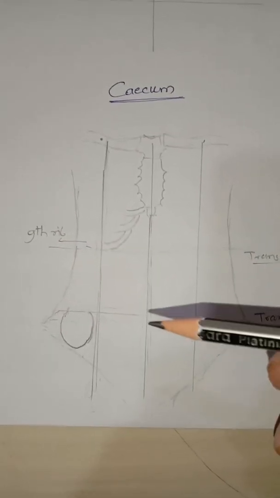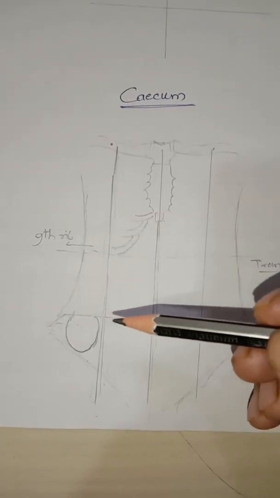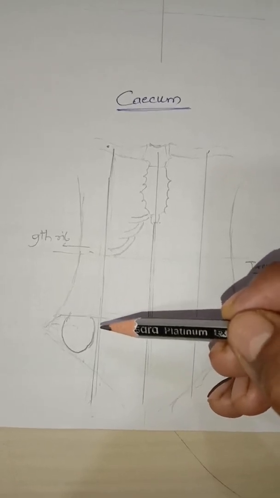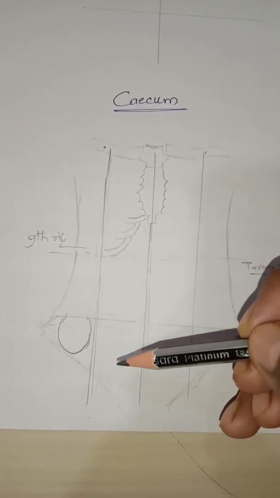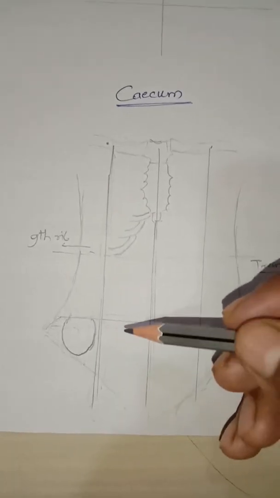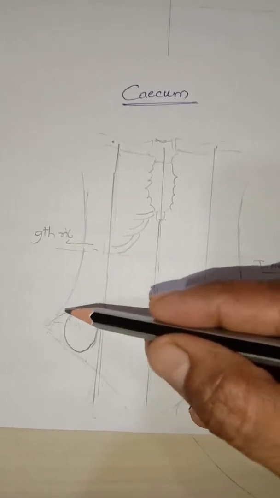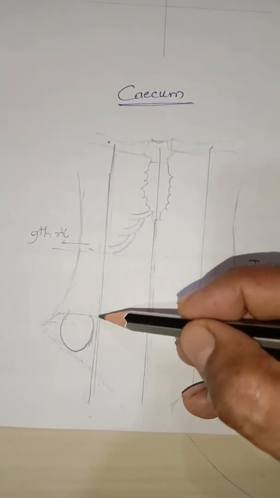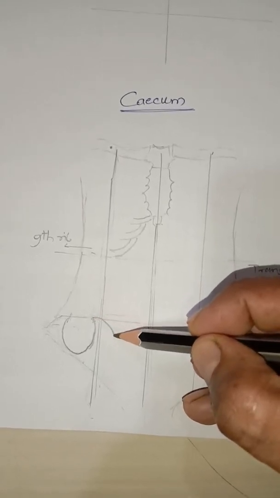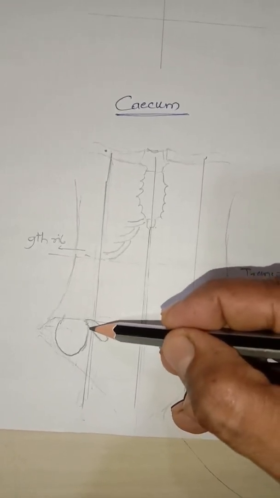Then to draw the vermiform appendix, which is attached to the posterior or left lateral side of the cecum, it should be drawn 2 centimeter below the junction between the right lateral plane and the transtubercular plane. So that is the junction, and from the junction you should draw the appendix 2 centimeter long in this way.